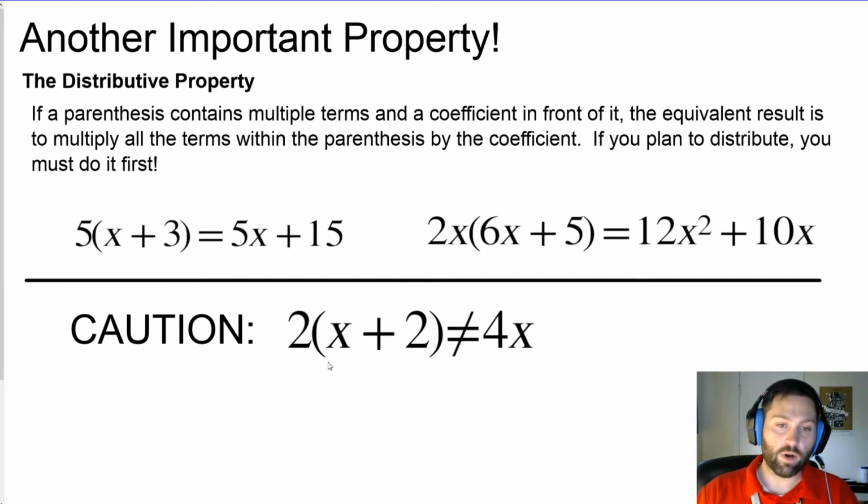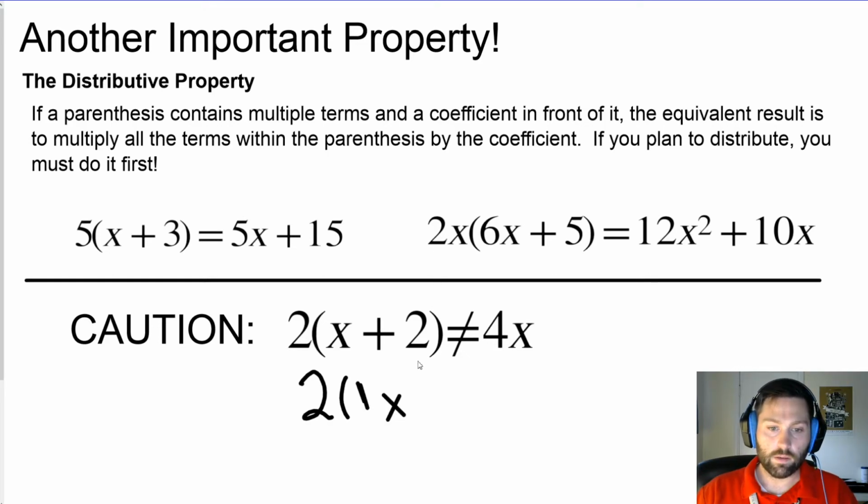And I do want to caution you that this 2 times x plus 2 does not equal 4x. I've frequently seen people go 2 and then x plus 2 on the inside is 2x. So they're combining unlike terms, and then they say that that's 4x.